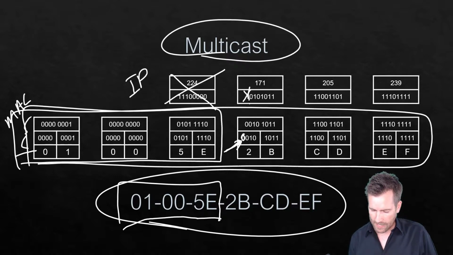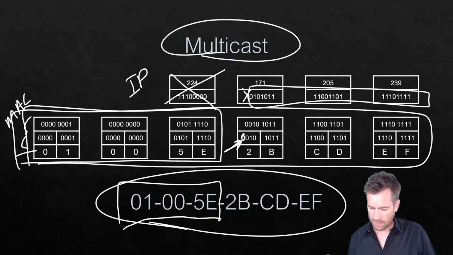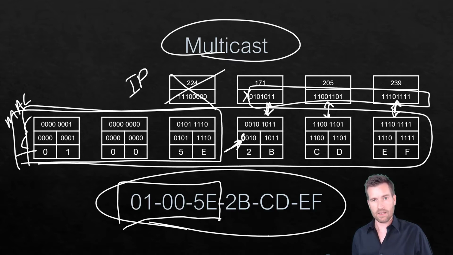But the last 23 bits are the same, and it's a direct one-for-one with the MAC address. So if there is an IP address associated with the MAC address, then we'll see this association of the last 23 bits of the IP address with the last 23 bits of a multicast MAC address.